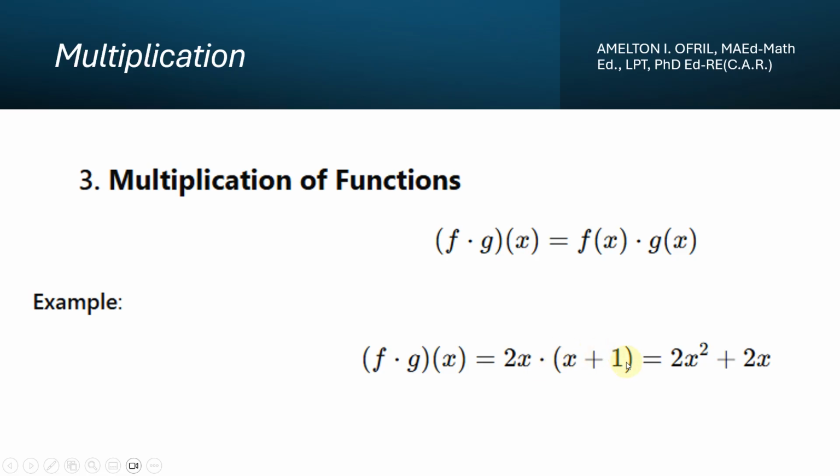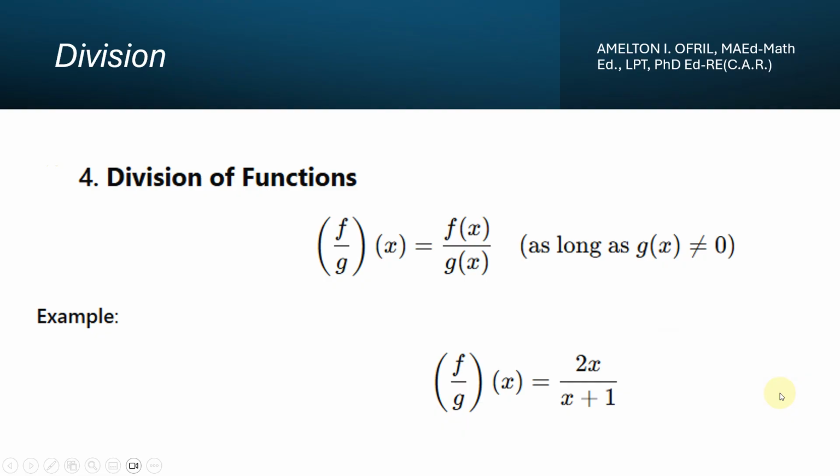These two functions will use the distributive property of multiplication. That's why 2x times x will become 2x squared, and 2x times 1 is equal to 2x. That's why the answer is 2x squared plus 2x.